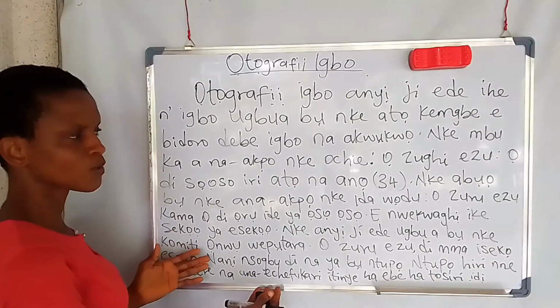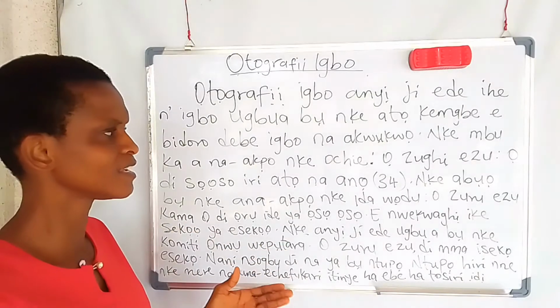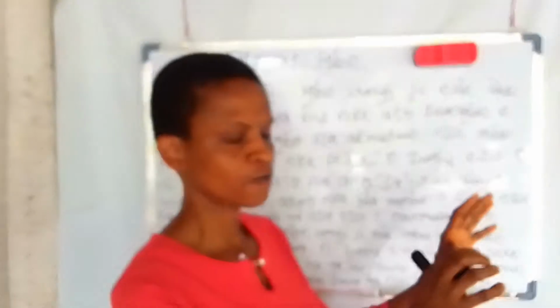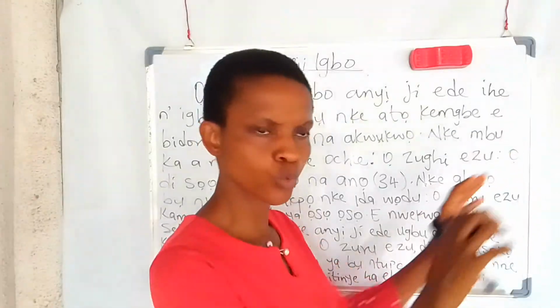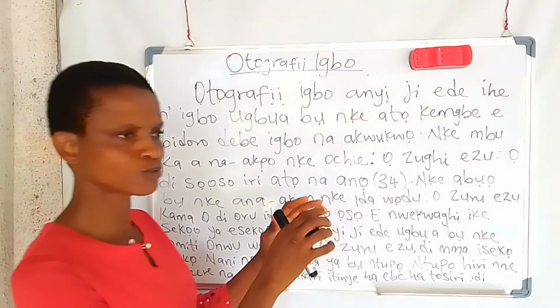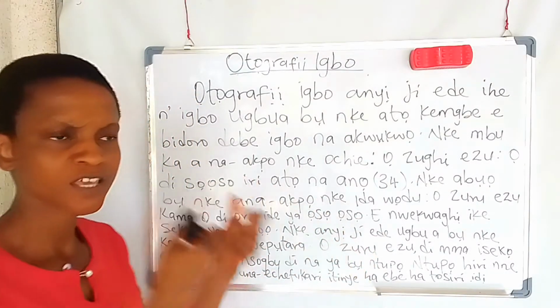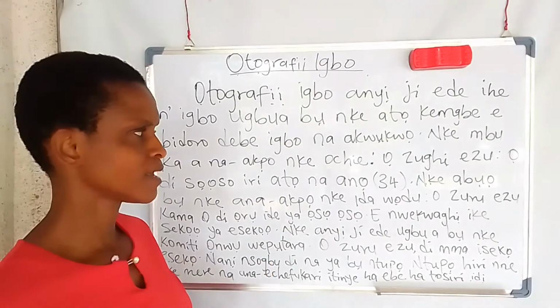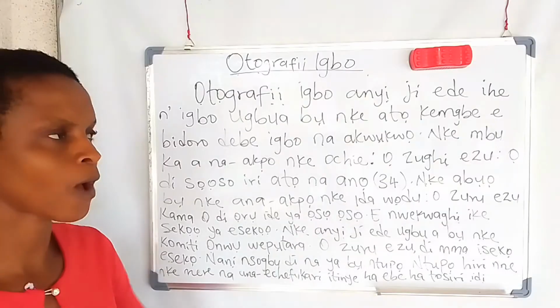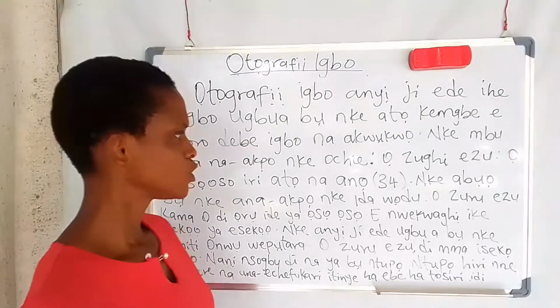If you look into my explanation, you will see why they shifted from using those ones. What made them stop using the previous Igbo orthography and decide to formulate another one?